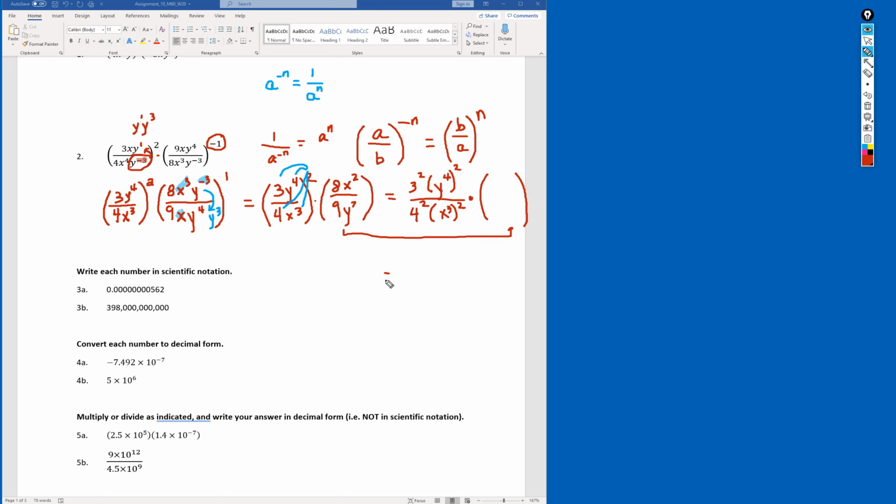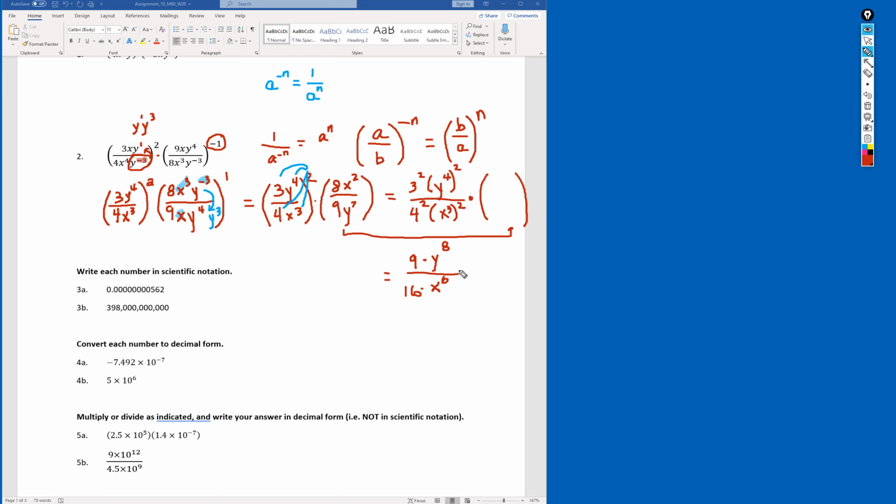Okay, so next step, starting to simplify this stuff. 3 squared is 9. Y to the 4th squared, multiply the exponents, it's going to be y to the 8. Over, 4 squared is 16. X cubed squared, multiply the exponents, is x to the 6.